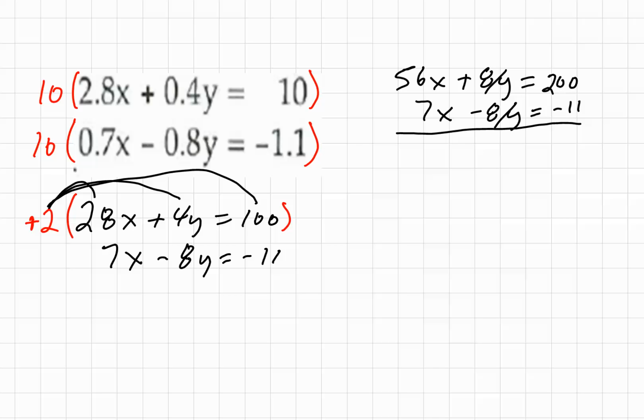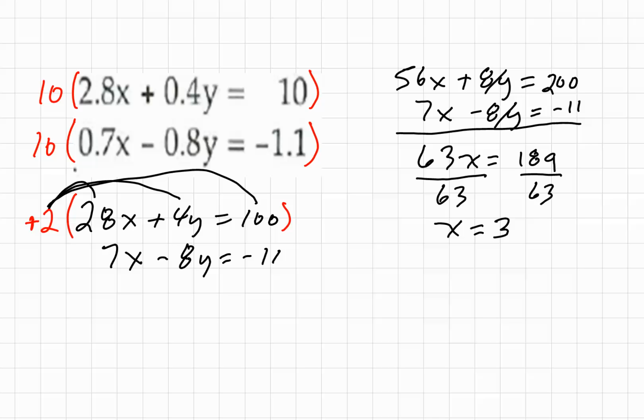So now we got rid of the y's. So now on the left, we're left with 63x equals 189. Divide by 63, both sides. So x equals 3.